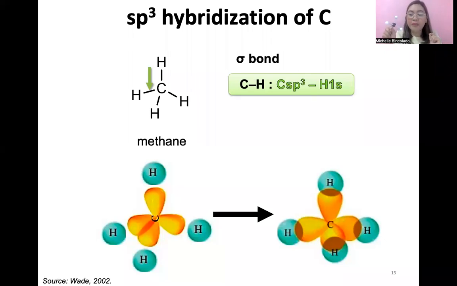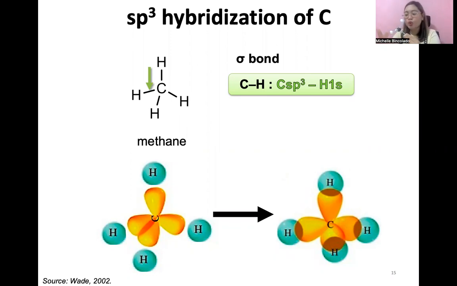Guys, one more thing about sp3 hybridization is its geometry. So we have here 4 bonds, diba? We have 4 sigma bonds created from carbon sp3 and hydrogen 1s surrounding carbon. And you will notice that they are arranged in a particular manner. Yung manner, guys, na maximize yung space around the central atom. Of course, these bonds contain electrons.